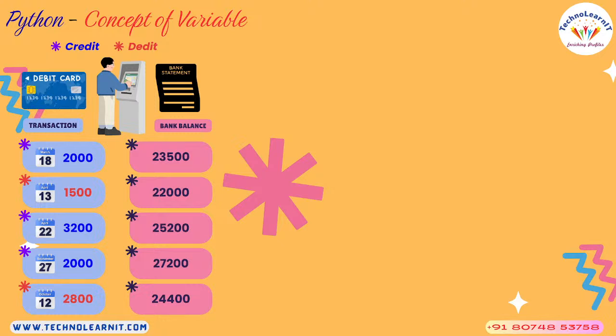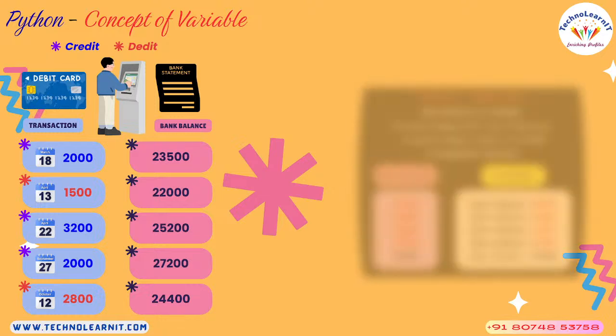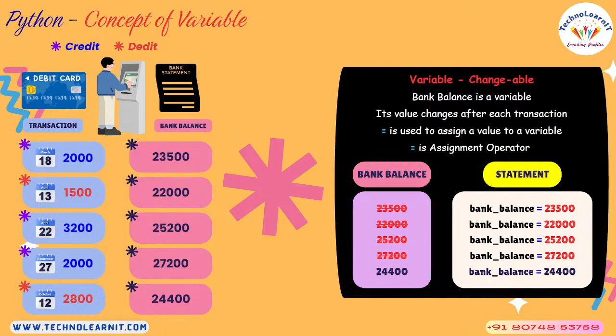So the bank balance is changing after each step. Yes or no? After each transaction, the bank balance changes. Correct? So here the bank balance is a variable. A variable is something that is changeable.